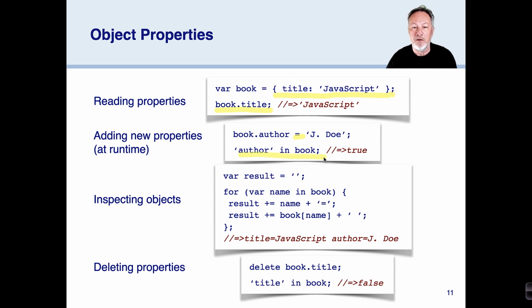So now if we query whether author is a property of book, now it becomes true. This is different from typical object-oriented languages like Java, where you cannot at runtime add new instance variables or methods. Here we see how we can iterate over an object, look at all of its properties. And finally, we see that it's possible even to delete a property from an object at runtime.